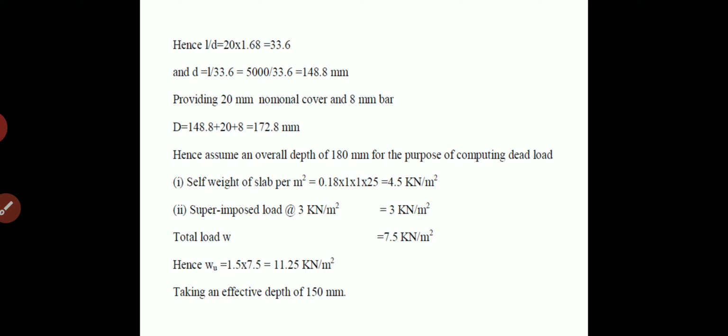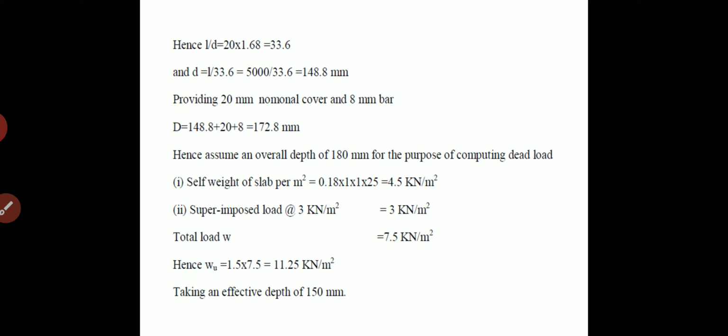Providing 20 mm nominal cover and 8 mm dia bar. So overall depth, which is denoted by capital D, and effective depth, which is small d.